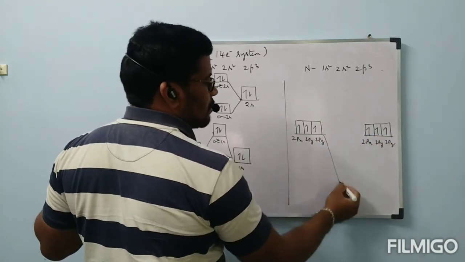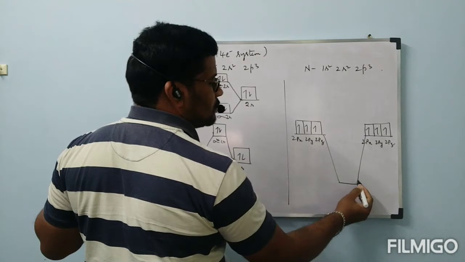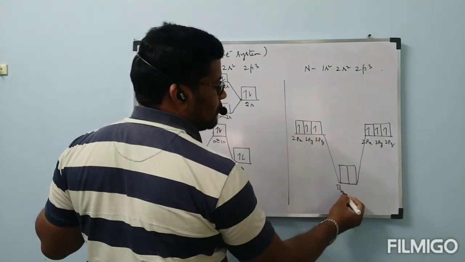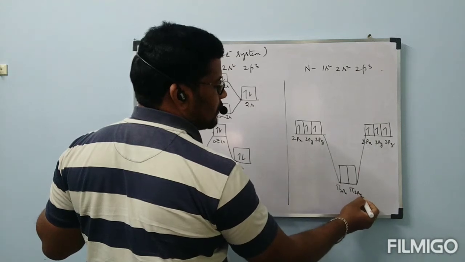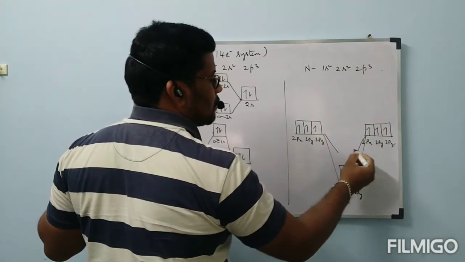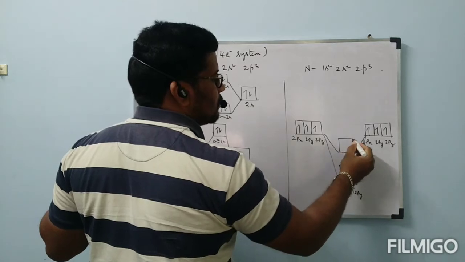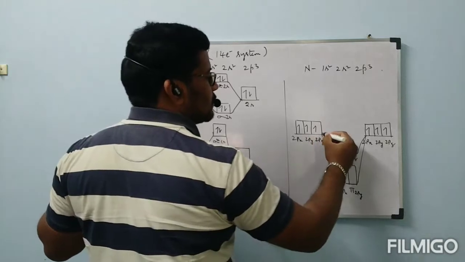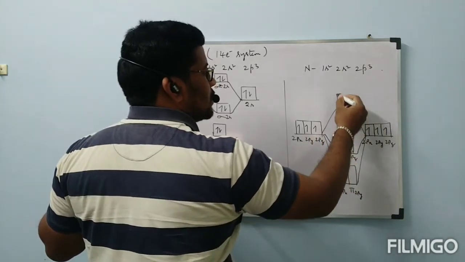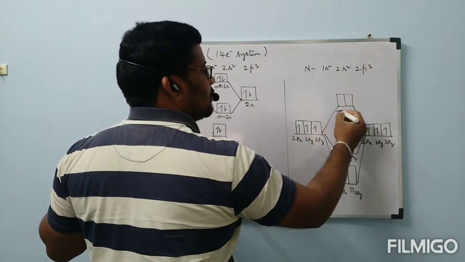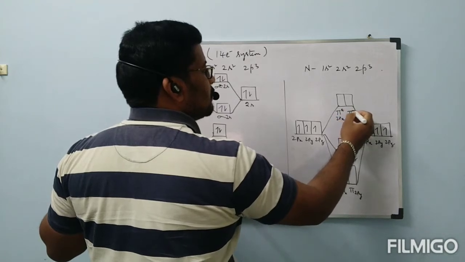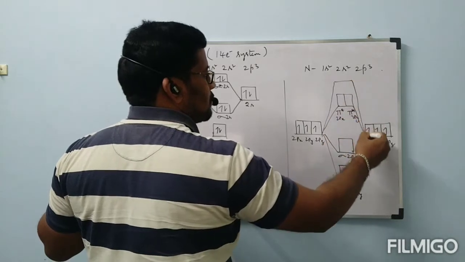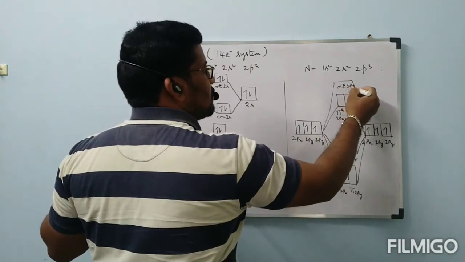First, two orbitals, those are pi 2px, pi 2py. 1 orbital here, that is sigma 2pz. Next, 2 orbitals here, pi star 2px, pi star 2py. Finally, 1 orbital here, that is sigma star 2pz.